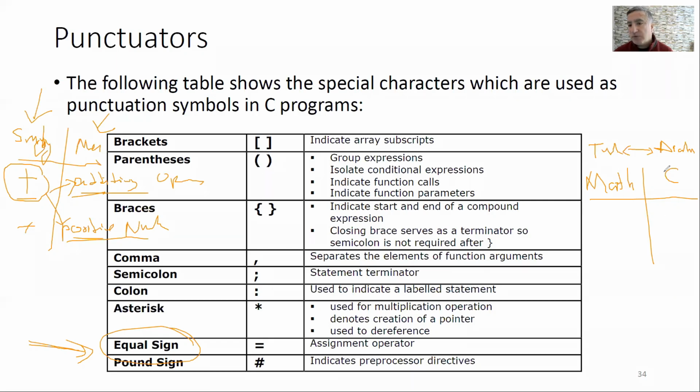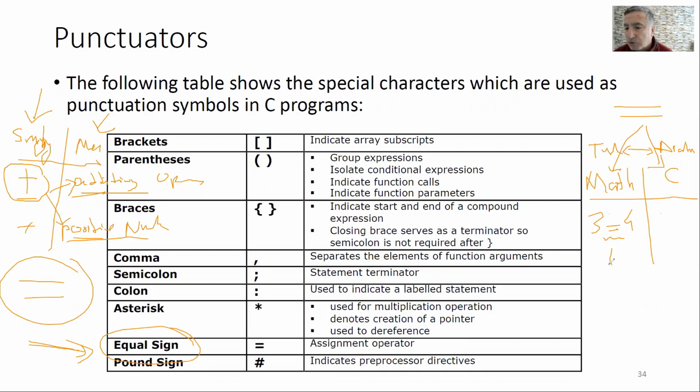And now we have two different languages. When we have one symbol, it could have different meanings in mathematics and C. Here is the difference. The symbol is the equal sign, and the equal sign has different meanings in mathematics and in C. In mathematics, 3 equal 4, we can read it like that: is 3 equal to 4?